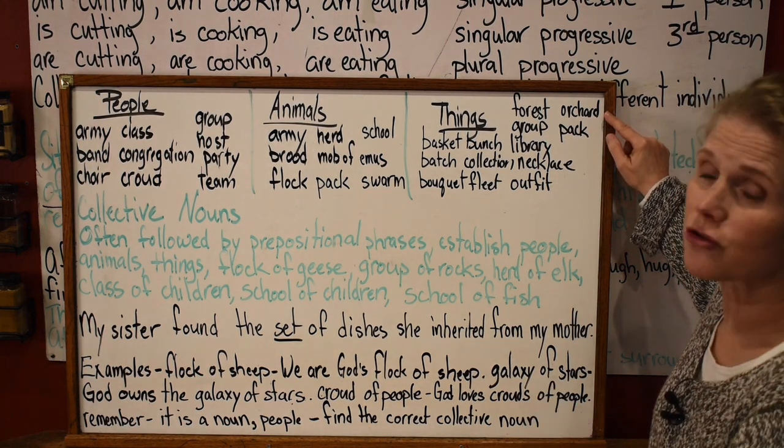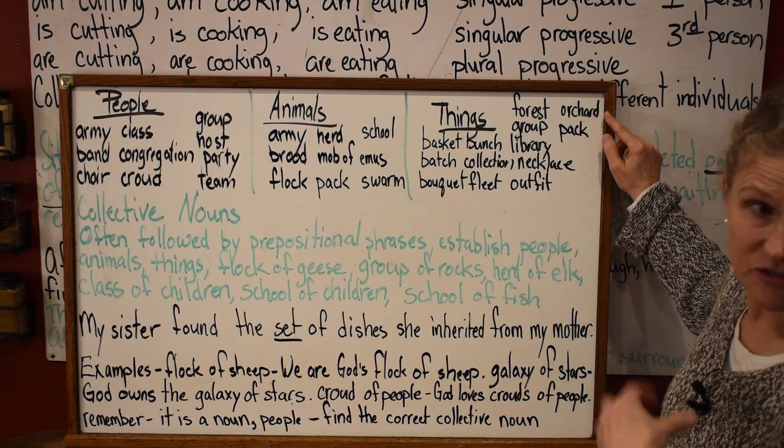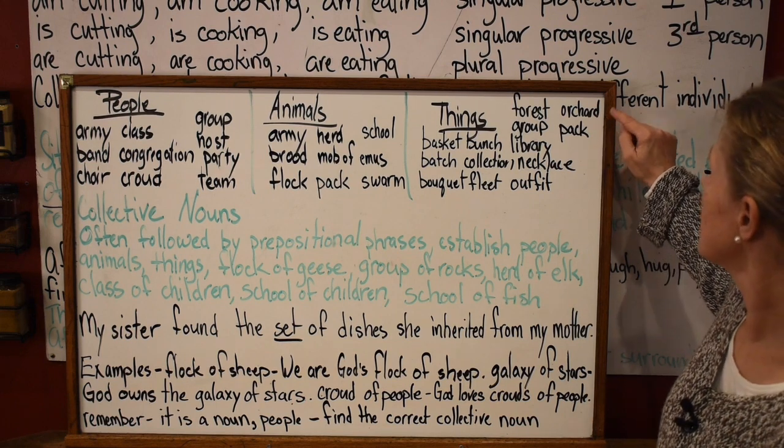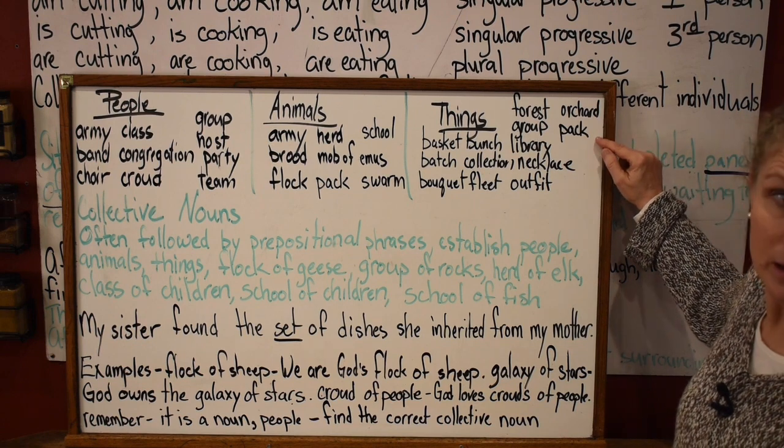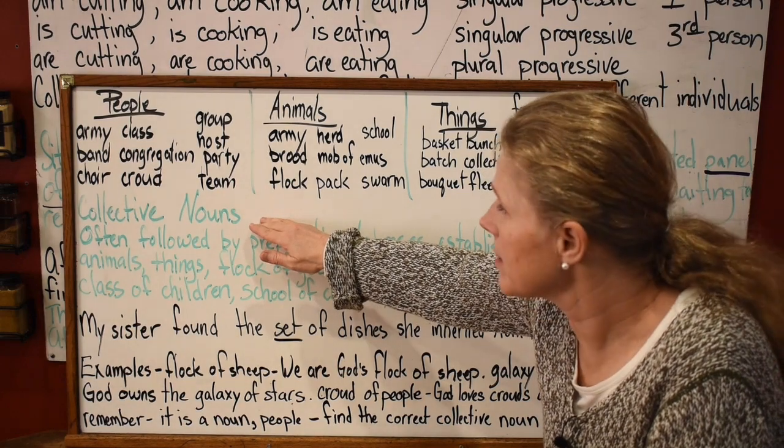It could be of cherry trees, of apple trees, of peach trees, right? An orchard. So they need to know an orchard of what? Grape. A pack.